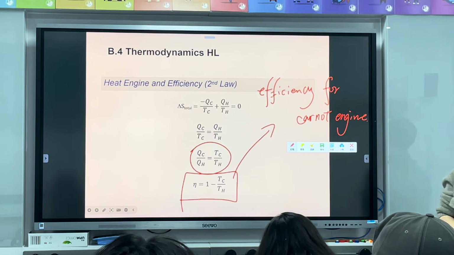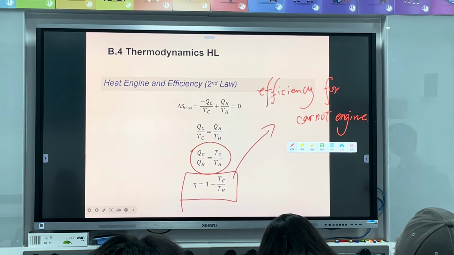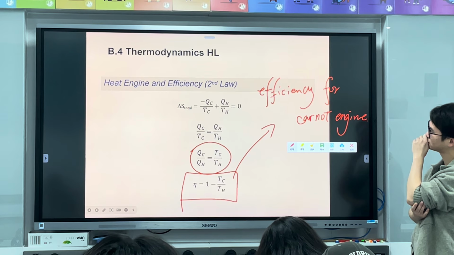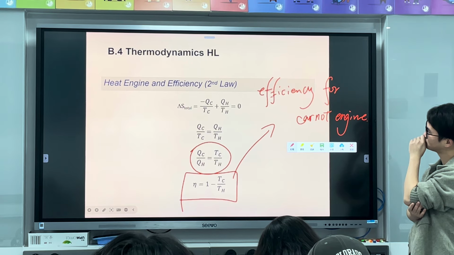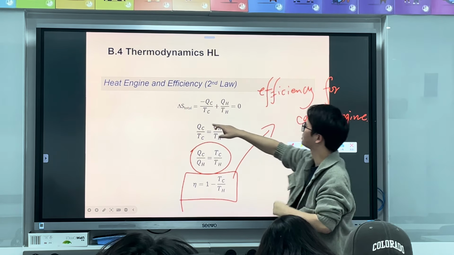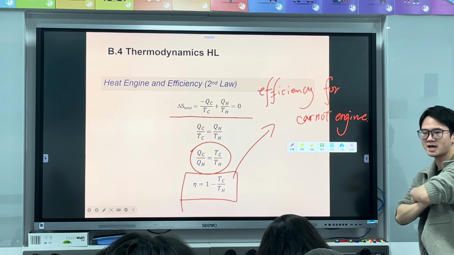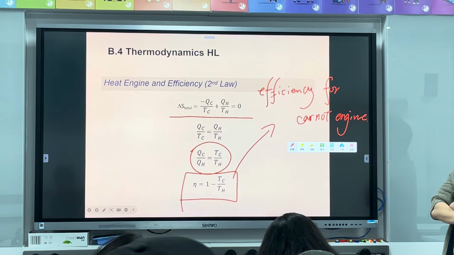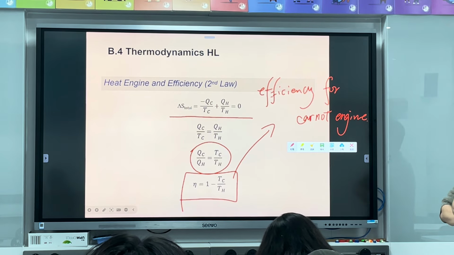Oh, yeah. If the total entropy stays the same, then it is reversible. Total entropy stays the same, reversible.